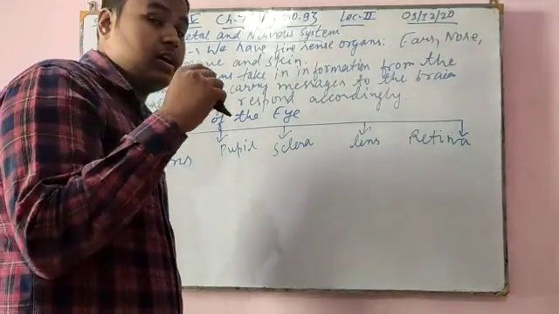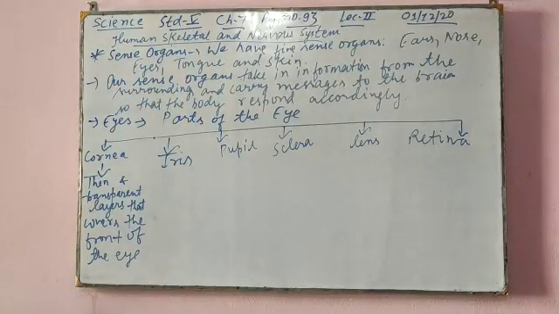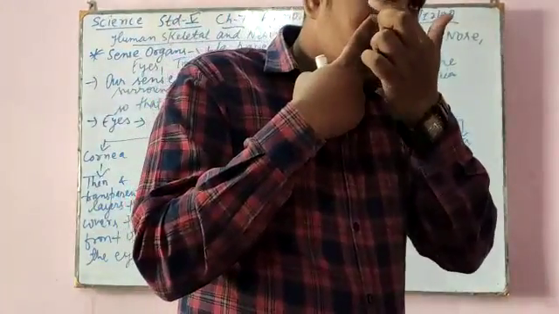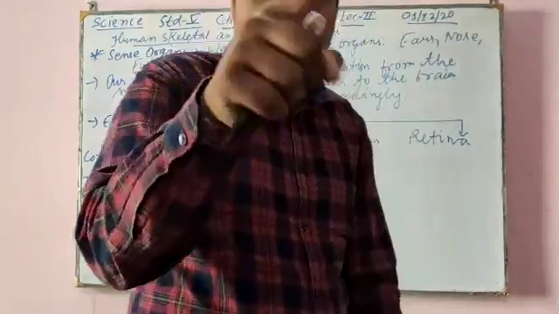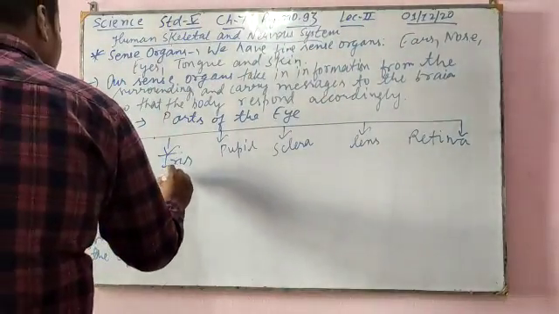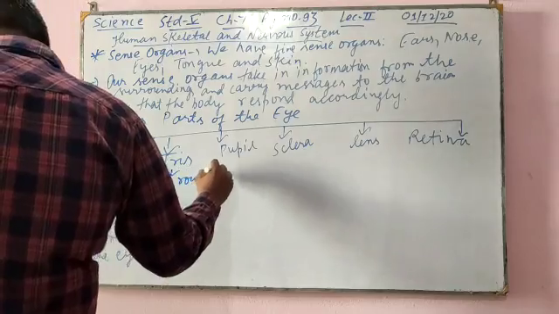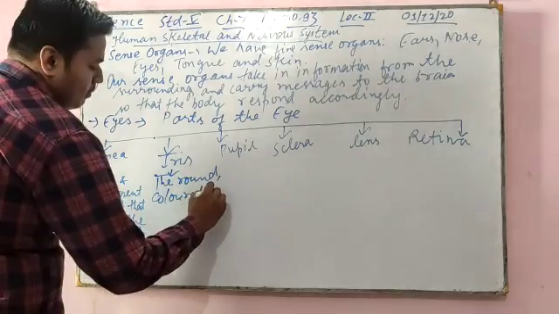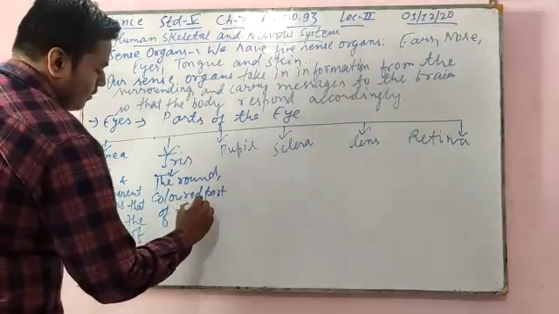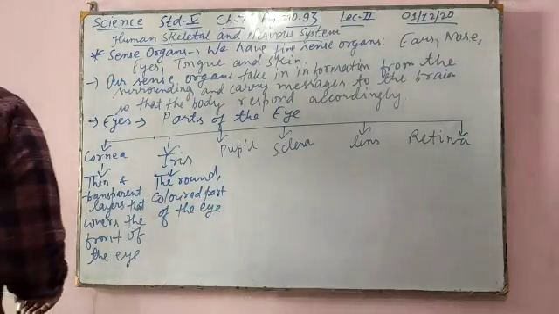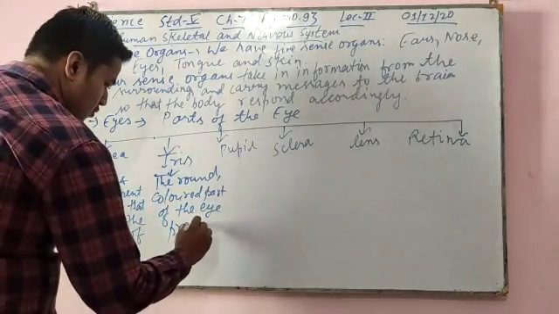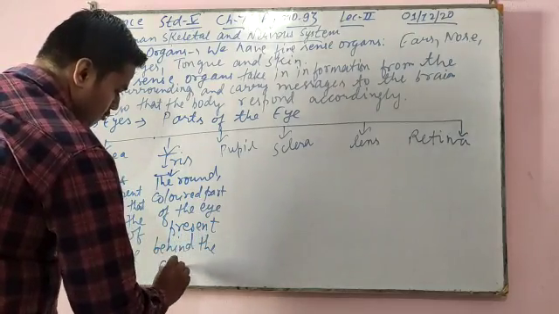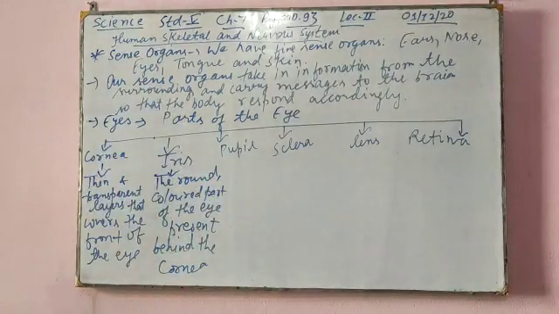So this is the cornea, and the round colored part of the eye present behind the cornea, whatever round part you see, that is called iris.